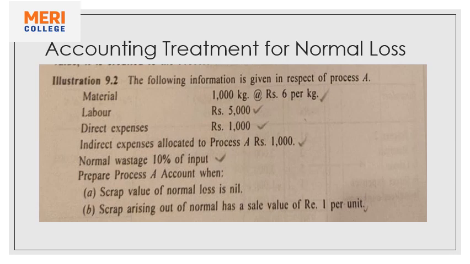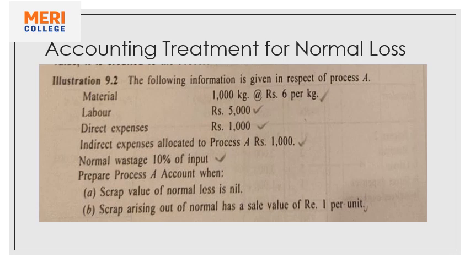Normal loss is one which cannot be avoided because of the nature of the material, which is very normal. For example, evaporation or any spoiled quantities, withdrawal for test, sampling. So it is expected under normal conditions, expected in any process.